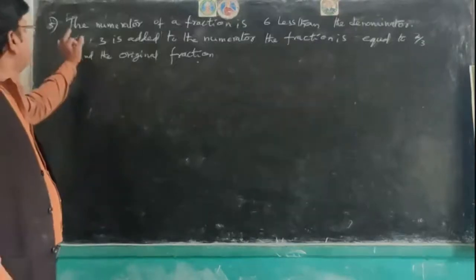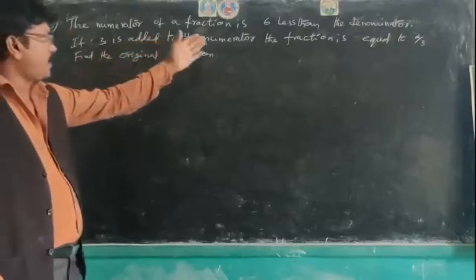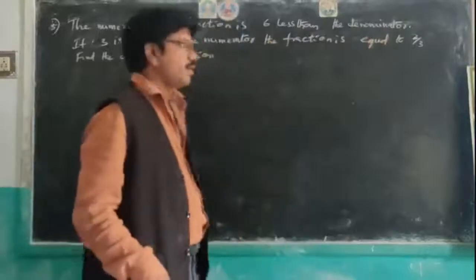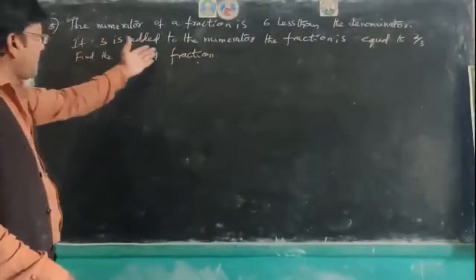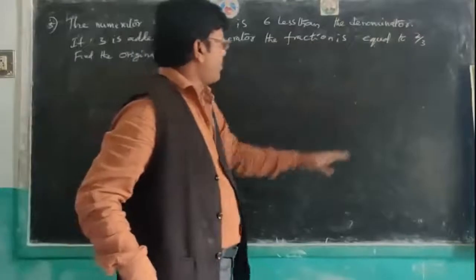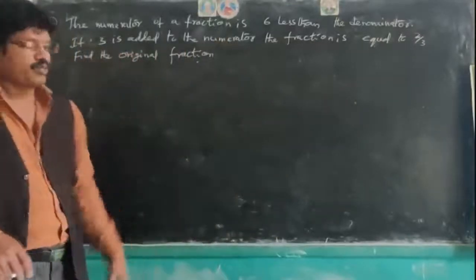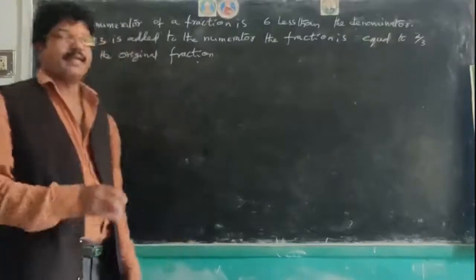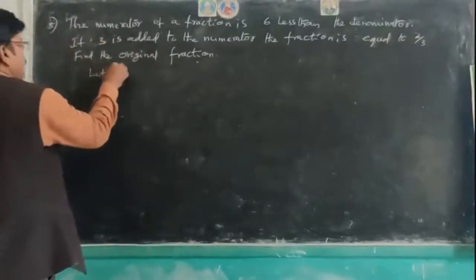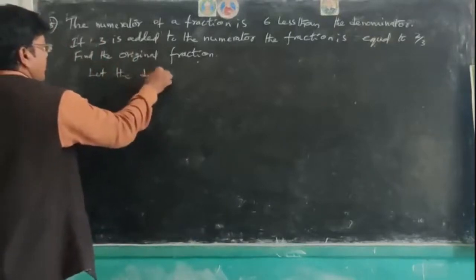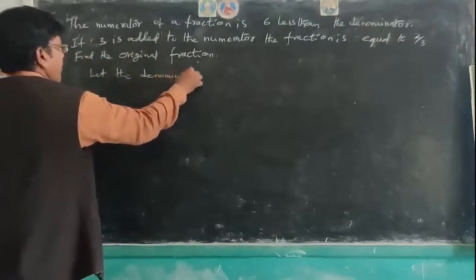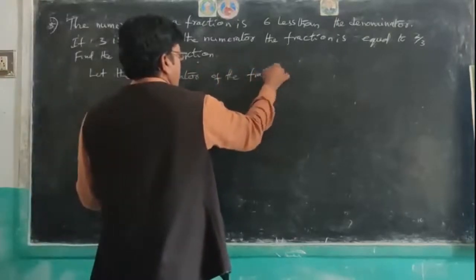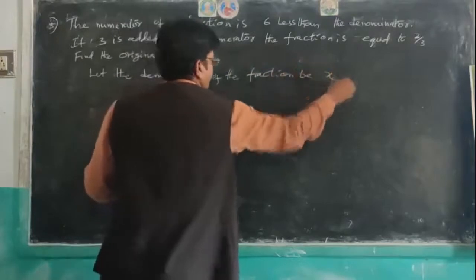Here, the numerator of a fraction is 6 less than the denominator. If 3 is added to the numerator, the fraction is equal to 2/3. Find the original fraction. So here, let the denominator of the fraction be x.